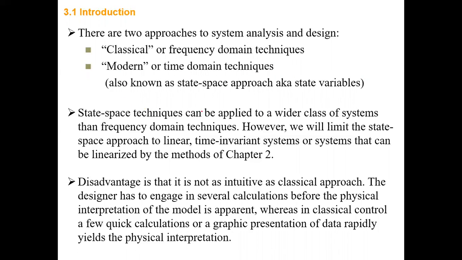Even though we can do that, in this chapter we'll limit our discussion to the similar system that we did in chapter 2, because if you go beyond that, that will be out of scope of this course. So even though we can do it, we don't do it. We'll do the same problem using a different approach, which is the modern approach or state space approach, right?